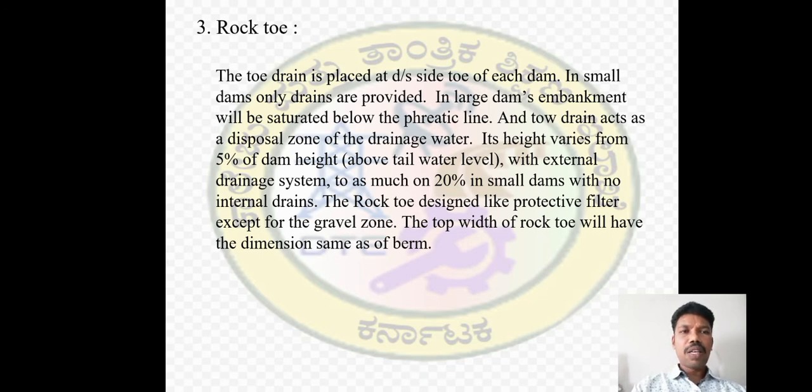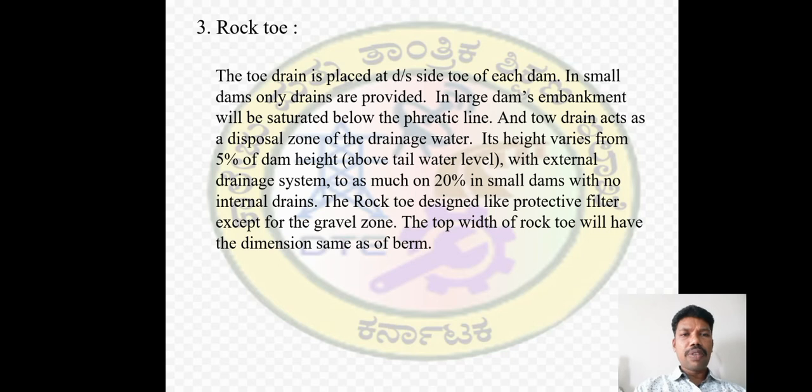The height of the toe may vary from condition to condition, and that may depend upon the drainage facility we provide and the height of the dam also. The height is about 5% of the dam in case of a well drainage system. If we have a good drainage system, then 5% of the dam is enough.